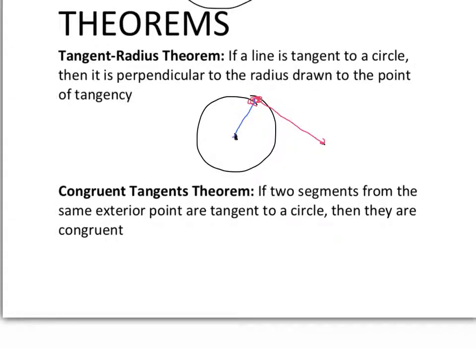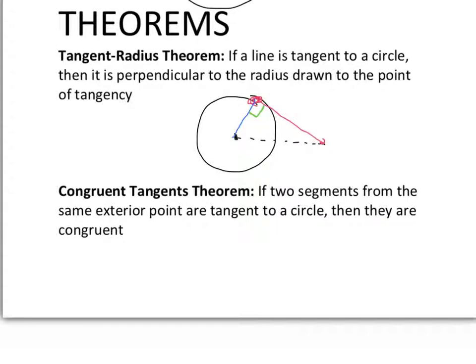If that is actually a tangent, then this angle is always going to be a right angle, right? That radius and that tangent that intersect are always going to be perpendicular to each other. So this tells us that this is going to be a right angle. And if you think about it a little bit, you'll probably realize that what we're going to do with this is we're going to continue this, close it up, and create a right triangle, and then we'll be able to solve some things from that.